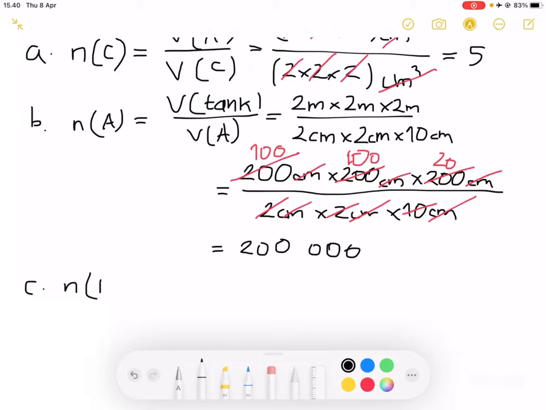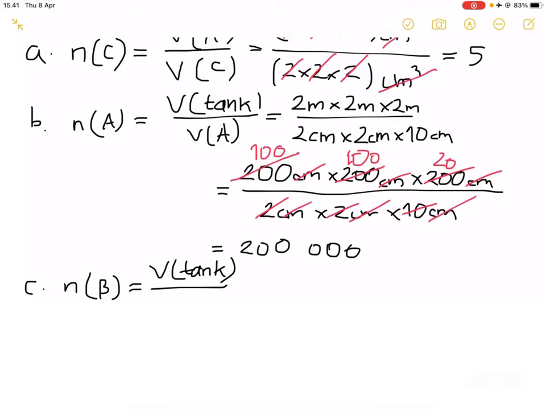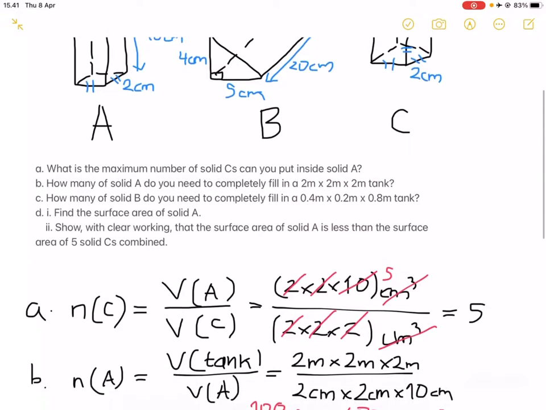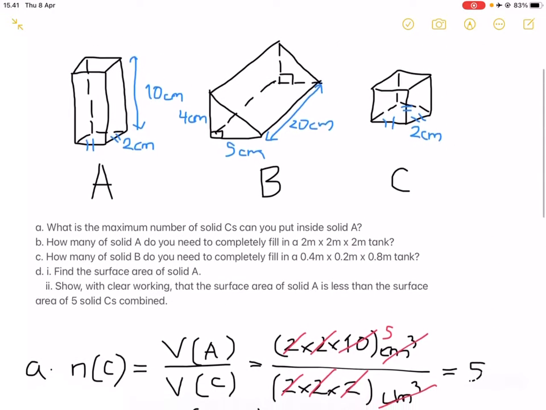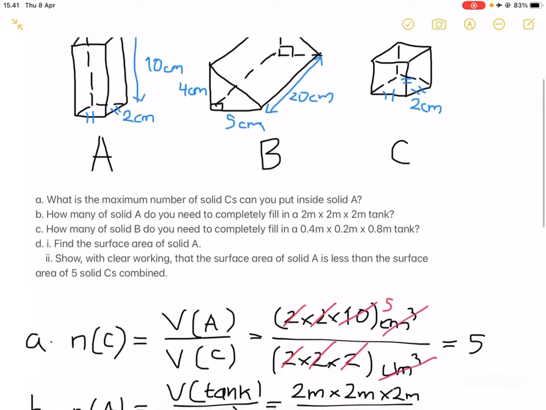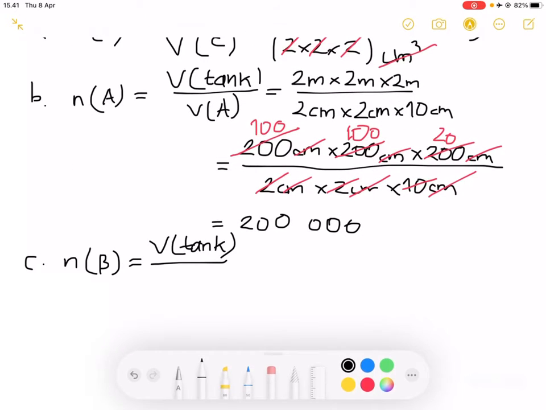So if N of B is equal to the volume of the tank given in the question, all over the volume of a single solid B. Now the volume of the tank will be 0.4 meters times 0.2 meters times 0.8 meters.